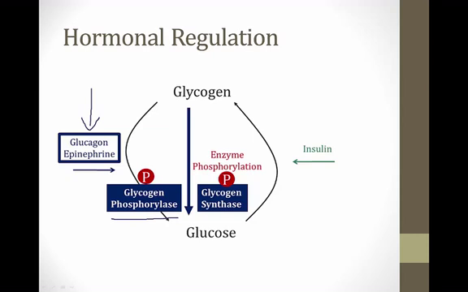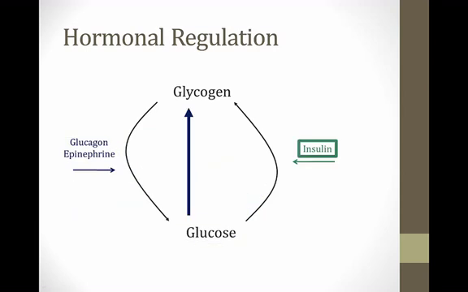When glycogen phosphorylase becomes phosphorylated, it increases its activity so that it breaks down more glycogen into glucose. This is what glucagon and epinephrine want to have happen. When glycogen synthase, on the other hand, is phosphorylated, its activity falls so that it stops making glycogen. That is also what glucagon and epinephrine want to have happen. So both enzymes are phosphorylated, but it has different effects on their activity level.